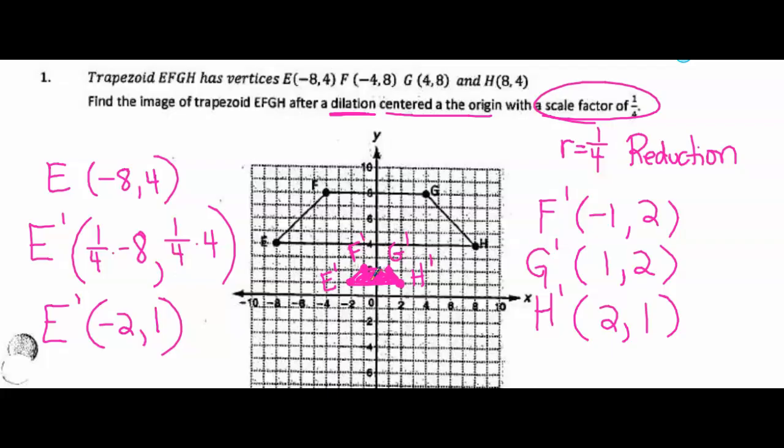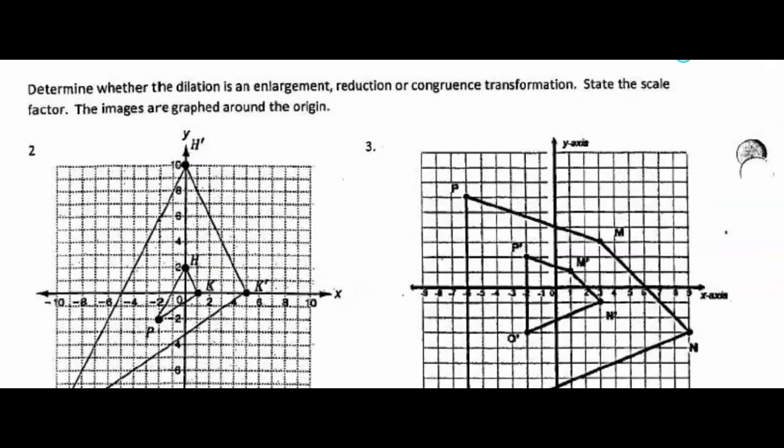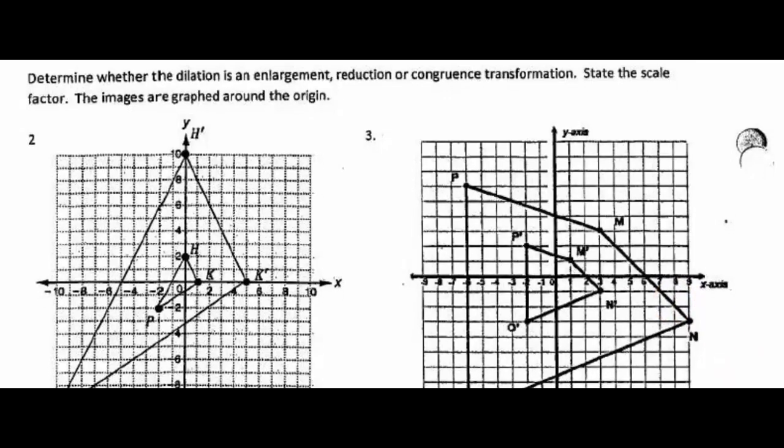So go to the back. The last thing I need you to know is to make sure you can figure out what type of dilations these are. So, the first one says, determine whether the dilation is an enlargement, reduction, or congruence transformation.